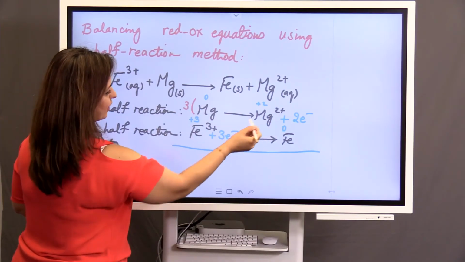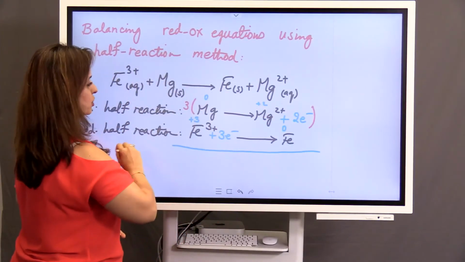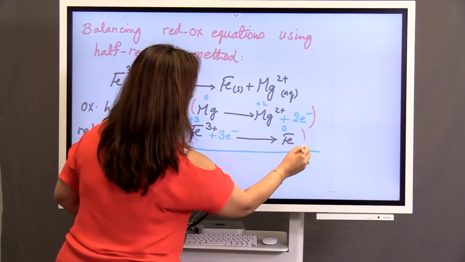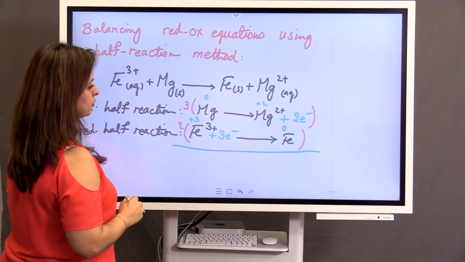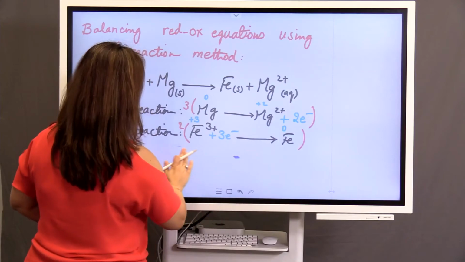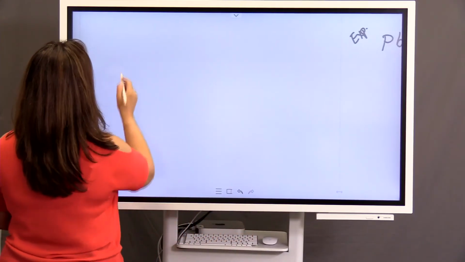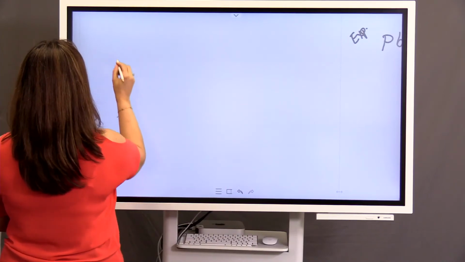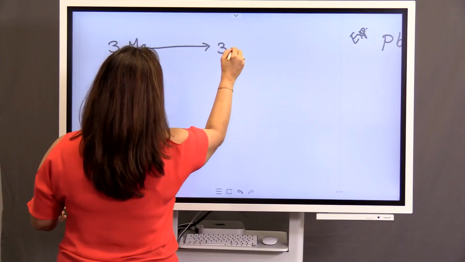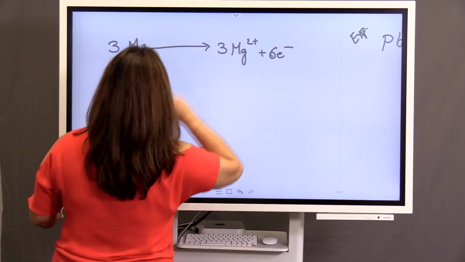Because we have an even and an odd number, let's cross multiply them. The first reaction by 3, the second reaction by 2. So we change it to, it's too early to add them to each other. So we will continue here. 3 magnesium, change to 3 magnesium ion plus 6 electrons.